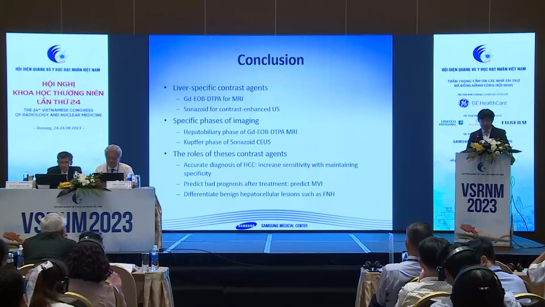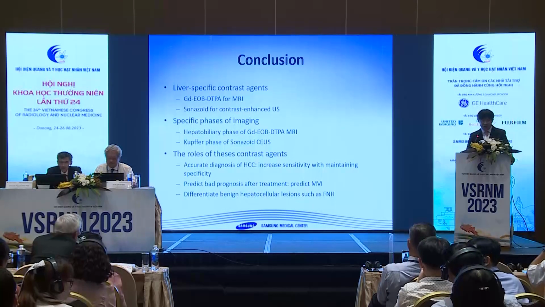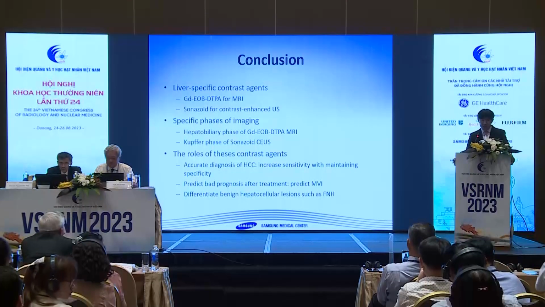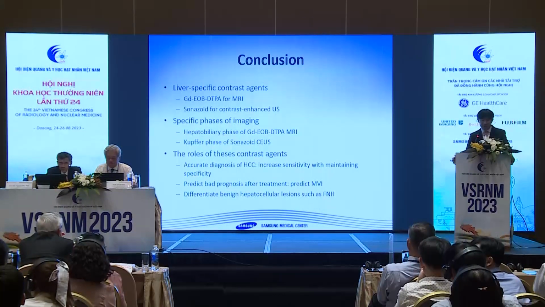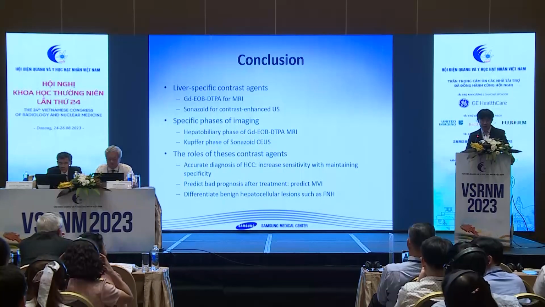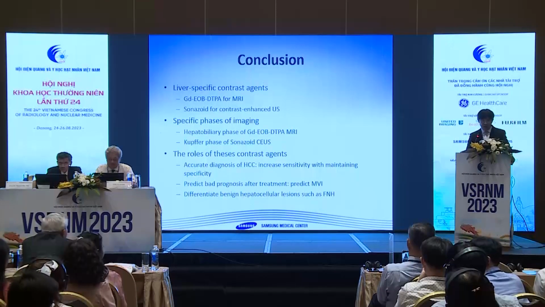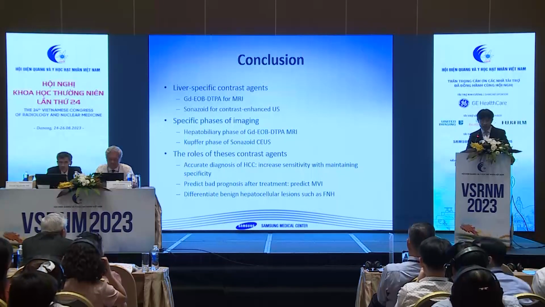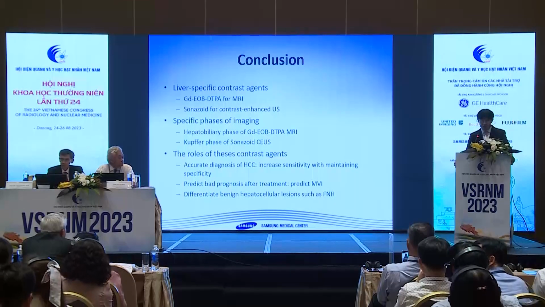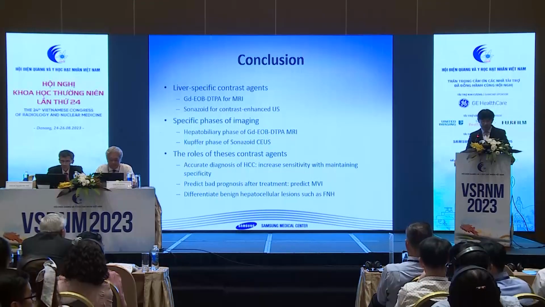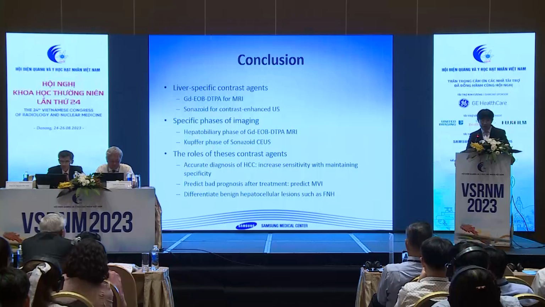The role of these contrast agents is, first, accurate diagnosis of HCC: they can increase sensitivity while maintaining specificity. The hepatobiliary phase predicts bad prognosis after treatment and microvascular invasion, and it is useful for differentiating benign hypervascular lesions such as focal nodular hyperplasia.